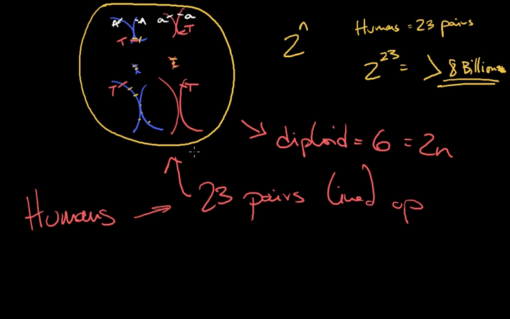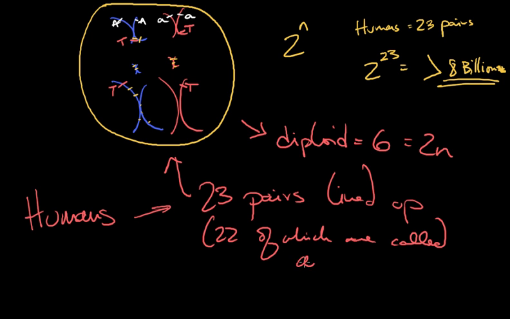But we don't ever draw that because it's just too complicated. And know that we would actually see 23 pairs lined up, 22 of which are called autosomal, and the last pair is called the sex chromosomes.